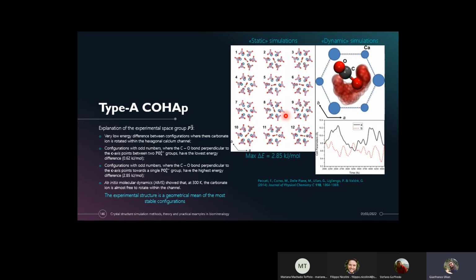We saw that there are very small variations in energy between the different models. So the experimentally determined structure is a disordered structure with partial occupancies, and we observed that that is due to these different models. These are like different pictures of the channel of the carbonate ion position inside the mineral.